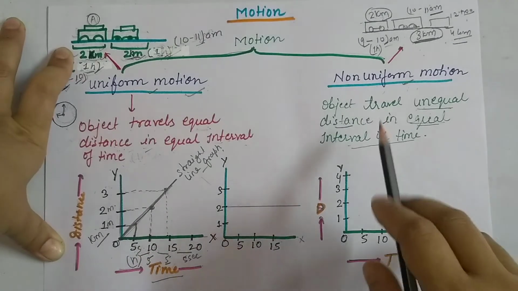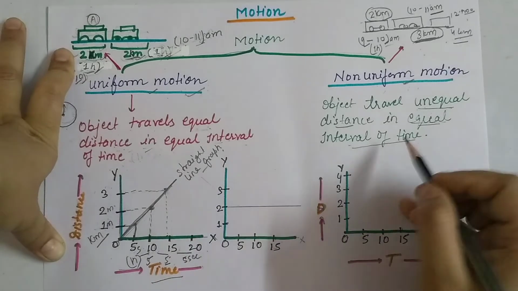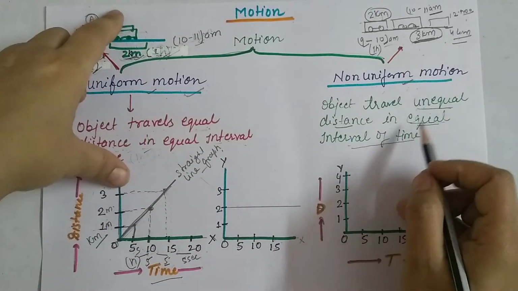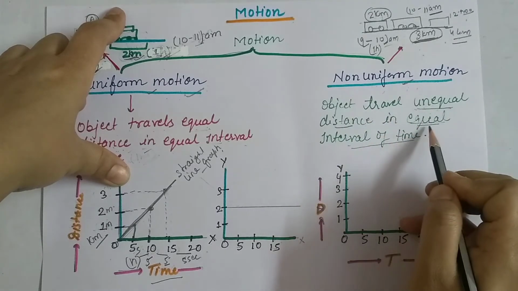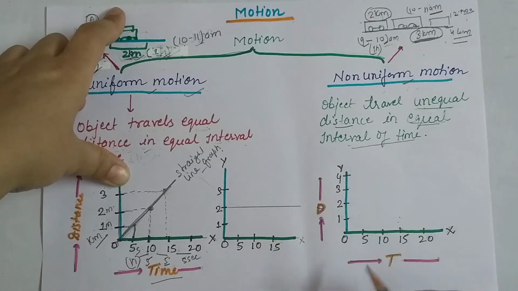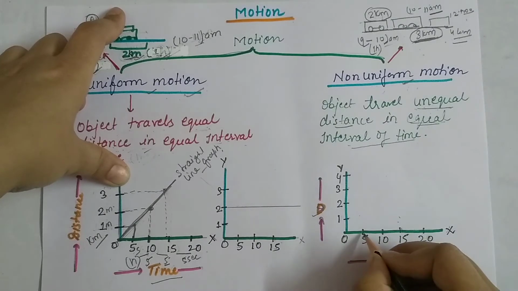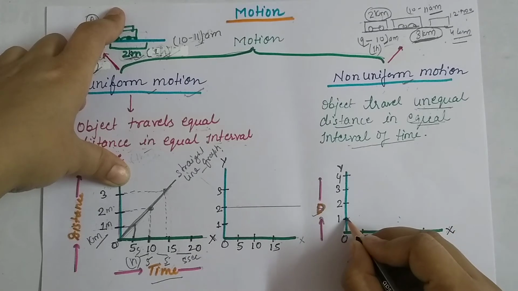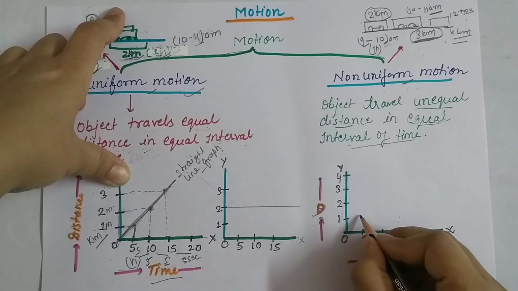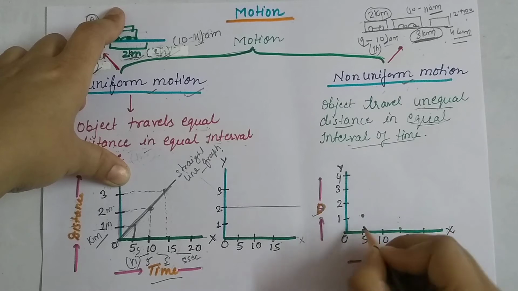Now in non-uniform motion we already discussed that the object is not covering equal distance, means unequal distance in equal interval of time. So here again time is here, distance is here. If the object travels 1 meter in 5 seconds, we will put it here.